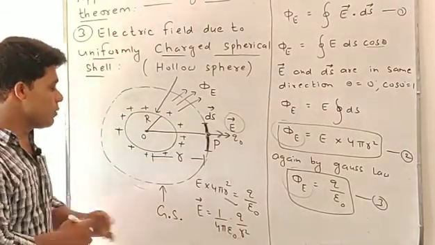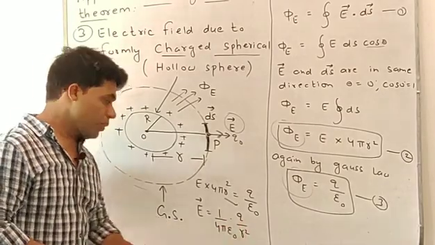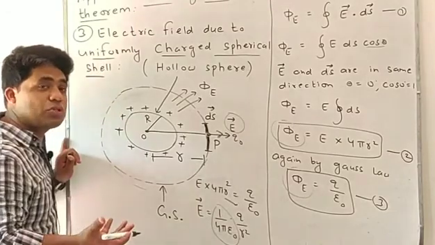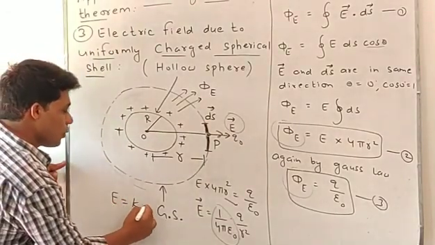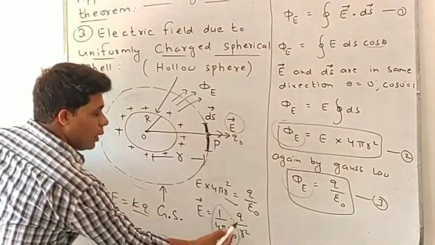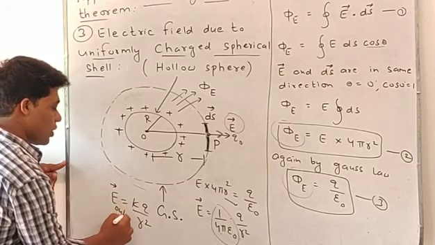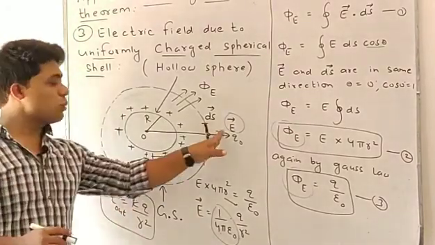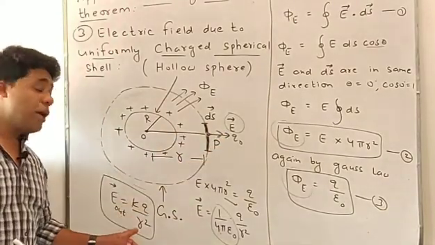So you get E equals 1 upon 4 pi epsilon naught times q by r square. And 1 upon 4 pi epsilon naught is the electrostatic constant. So finally we can write E equals k q by r square outside the sphere. So the electric field generated when P lies outside the sphere is kq by r square.